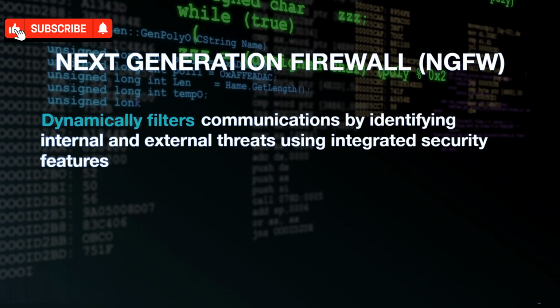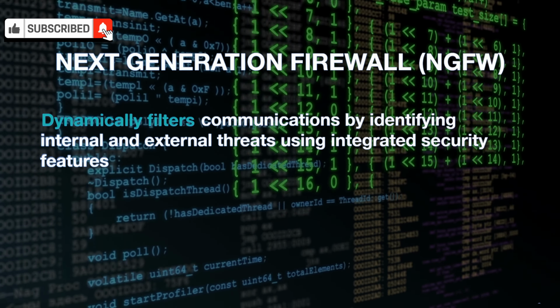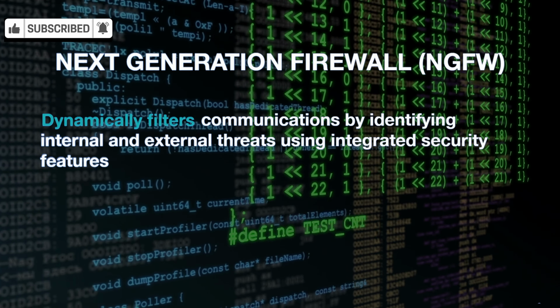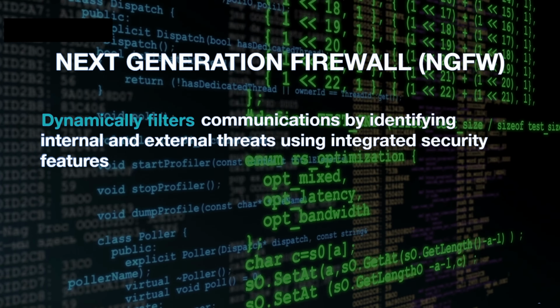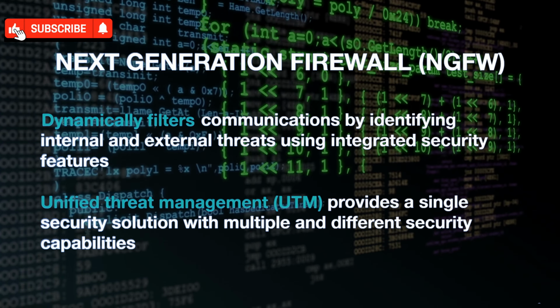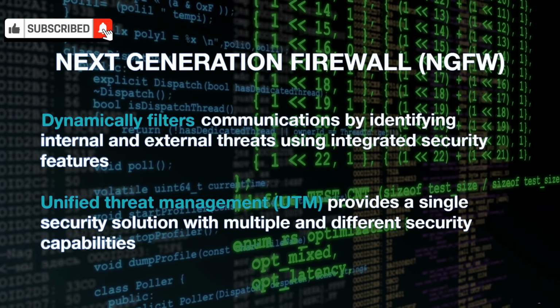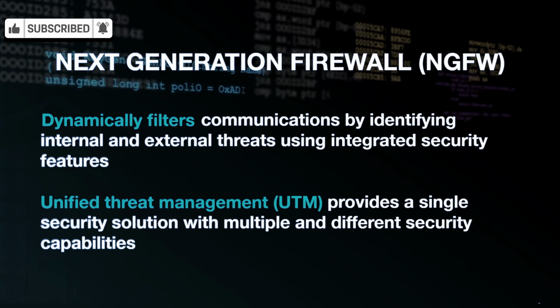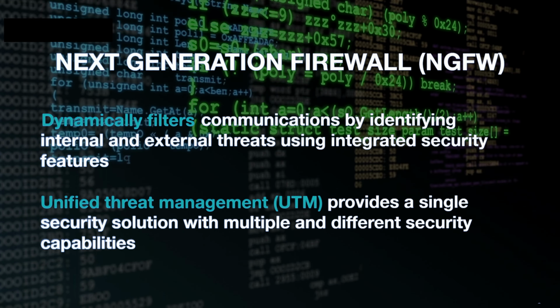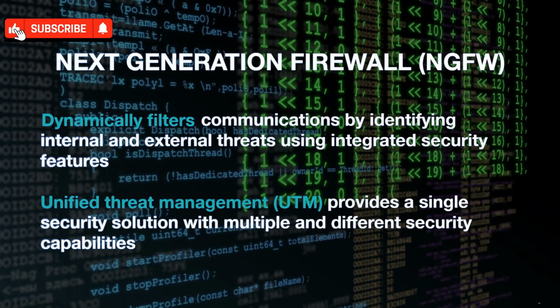But now we are looking at internal and external threats using integrated security services or security features. These firewalls are also called unified threat management. They are also called multifunctional devices. There are a lot of different names for them. The idea is that a single security solution is provided using multiple and different security capabilities.